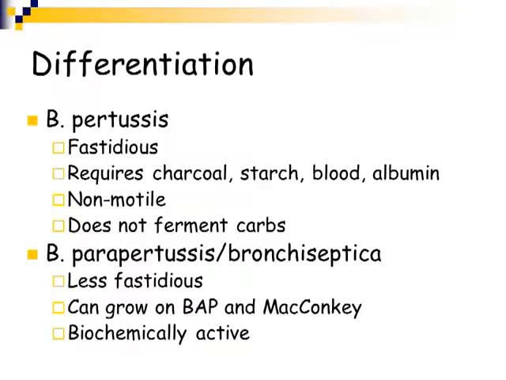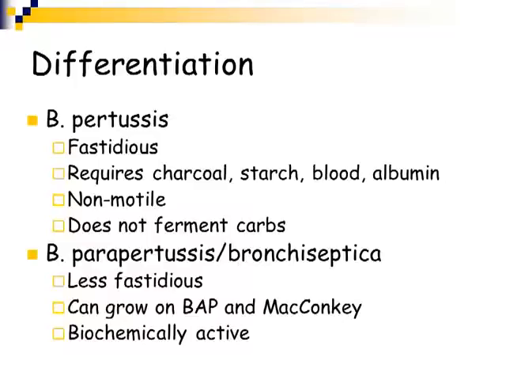Now, Bordetella pertussis is a fastidious organism that requires charcoal, starch, blood, and albumin for growth. It is non-motile and it does not ferment carbohydrates. Bordetella parapertussis and Bordetella bronchiseptica are much less fussy.